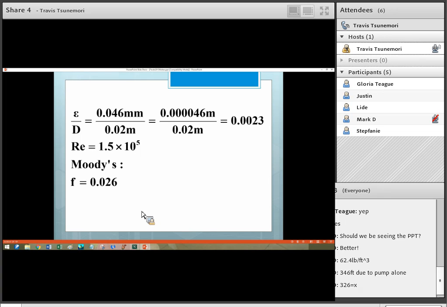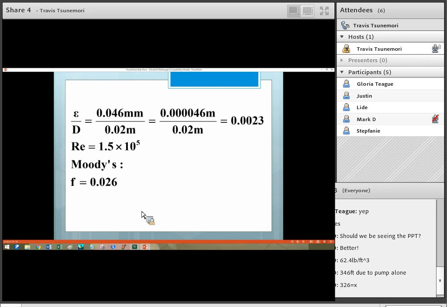So, okay, we've got our epsilon. Oh, how did I get the epsilon? The epsilon is based on material, and in the textbook there's a table, of course, and that is table 2-2.